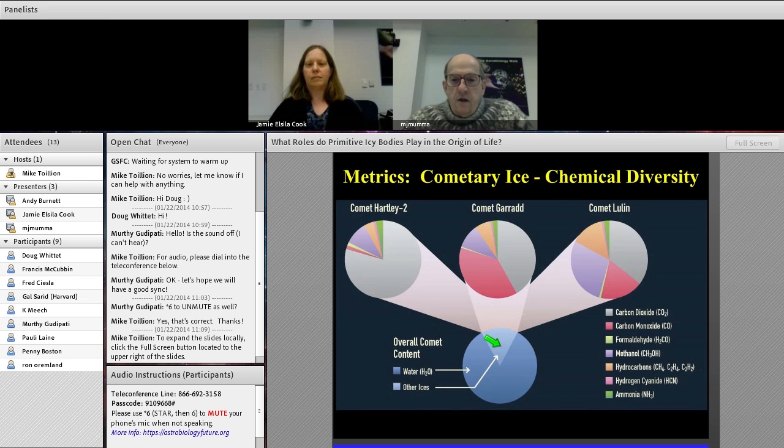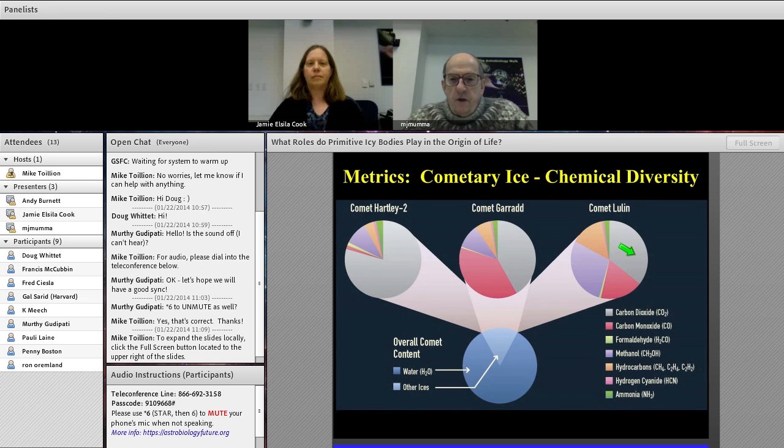But if you break the trace gases down comet by comet, then for Hartley 2, for example, you find the CO2 comprised almost 80% of the trace gas, whereas for Garradd it was about a third, and for Lovejoy about the same. So here you see a dramatic difference in these three comets from the same reservoir, clearly indicating that they're quite different in their composition.